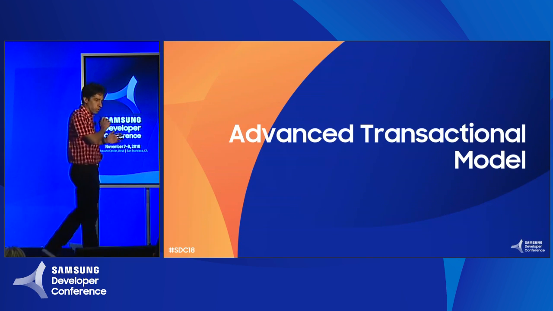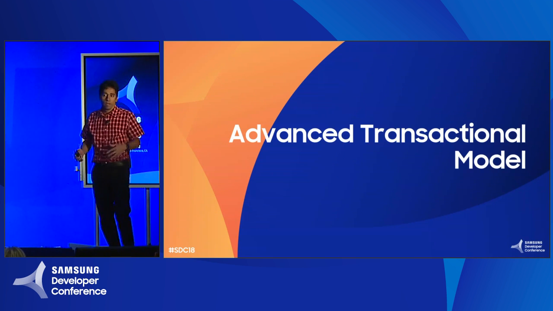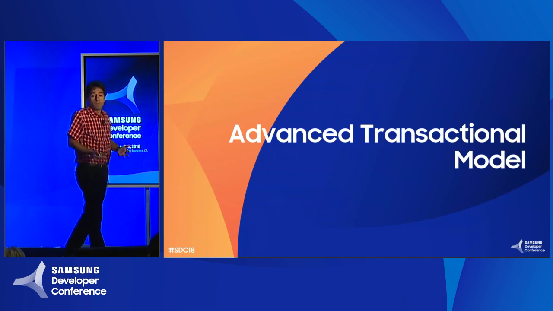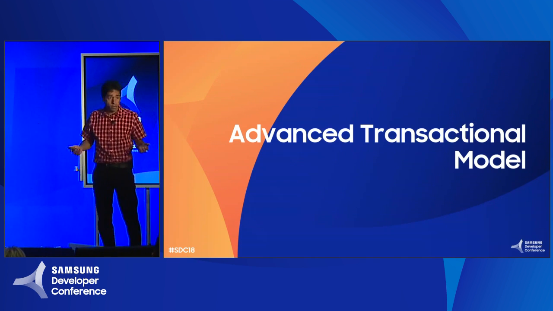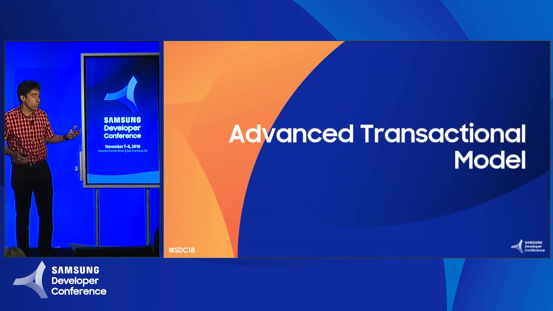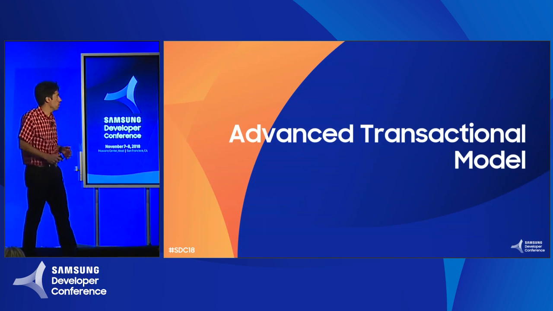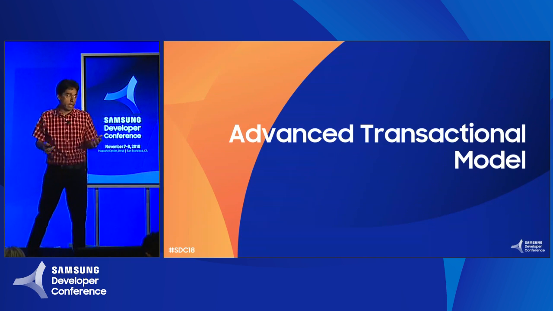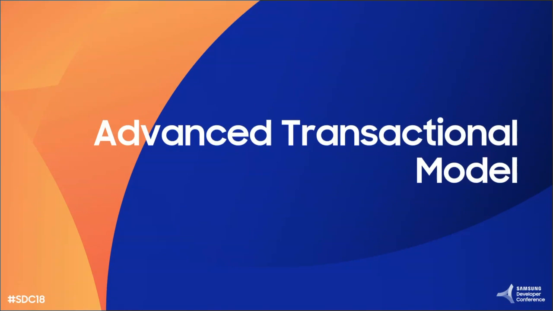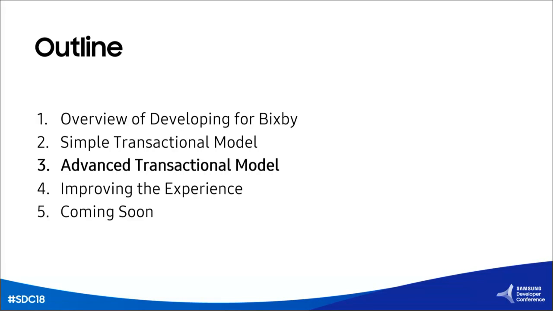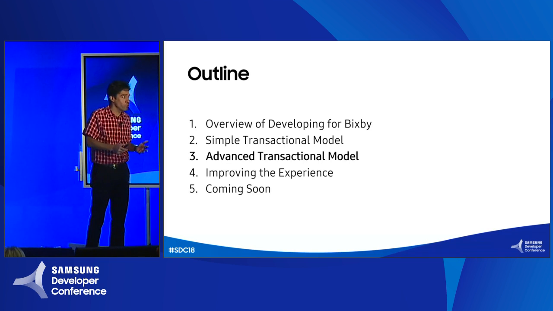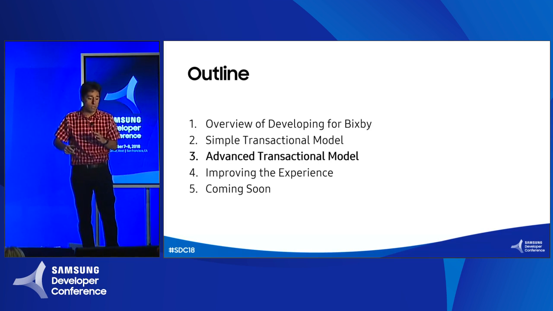We went ahead and did what we call a one-shot commit, which is fine if you have something that is not that sensitive, like setting your reminders. You can set the reminder in one shot: remind me to take out the trash. It's okay. It's just a reminder. You don't even really need to take out the trash. So you're going to be fine. But if you want to do it a little bit more advanced, we can deal with it here, where we want to actually pause and ask the user to confirm first before we actually commit the transaction.